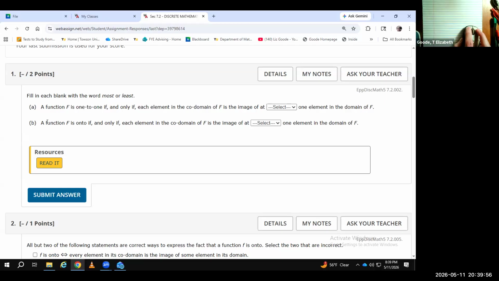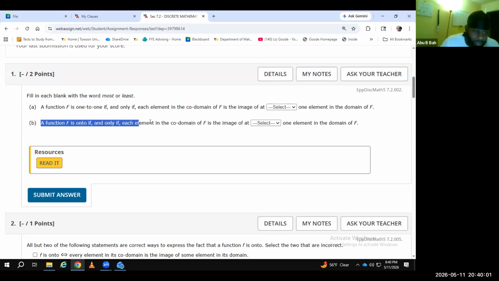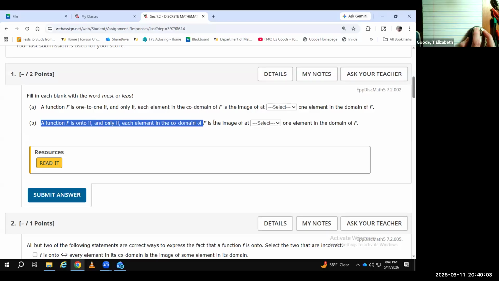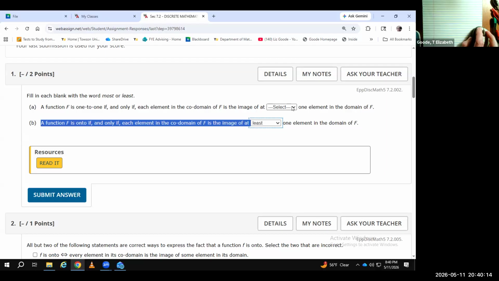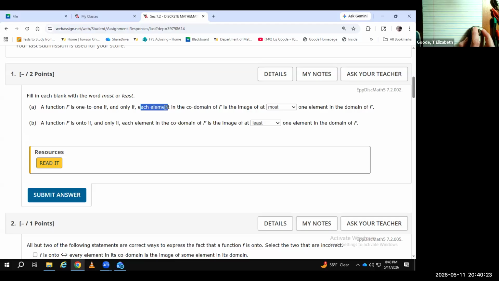Well, maybe we'll do the other one first. A function f is onto if and only if each element in the codomain is the image of, that means has an arrow pointing at it, at least one element. And that means the one-to-one one is at most, because you don't want more than one arrow coming out of the domain and hitting some element more than once. Does that make sense?